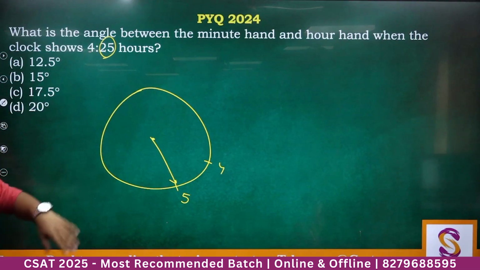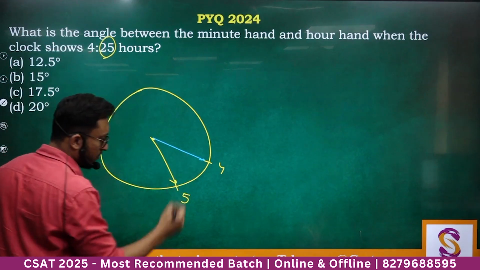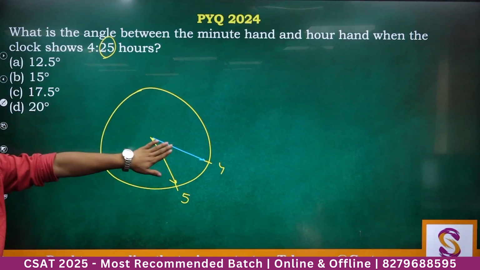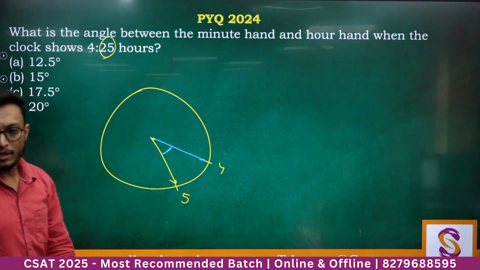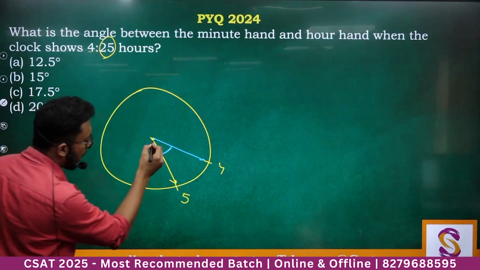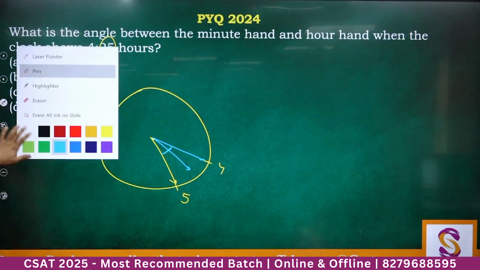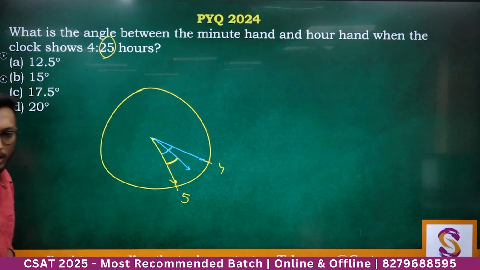Okay. Had this hour hand been exactly at 4, this angle would be 30 degrees. But the hour hand is not at 4, the hour hand is slightly past 4. Which angle do I need to calculate? I need to calculate this yellow angle.